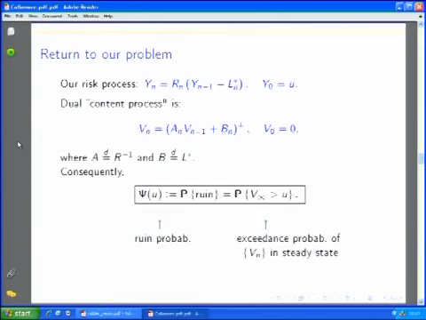And then once again, we can study the ruin probability by studying the exceedance probabilities of the associated content process in steady state.